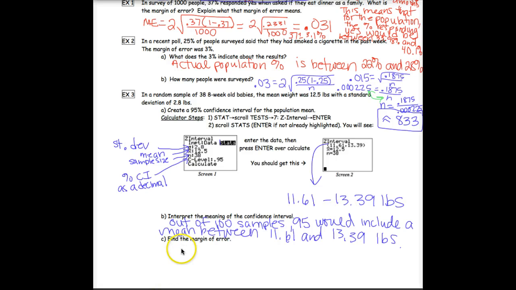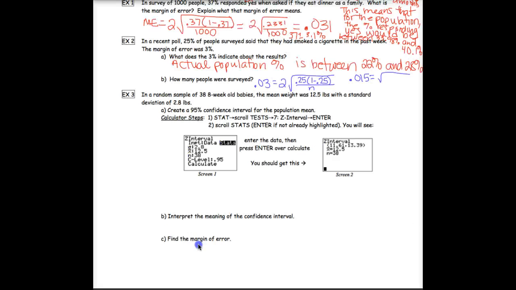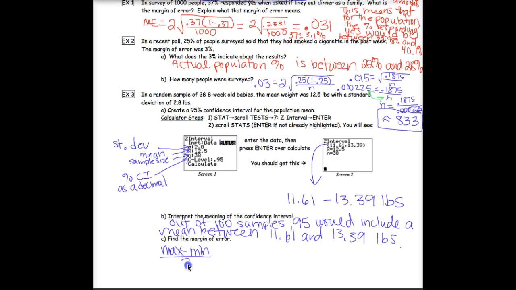So find the margin of error, max minus min divided by 2. So my max is 13.39. My min is 11.61. Divide that by 2. So this is 1.78 over 2, which is 0.89.